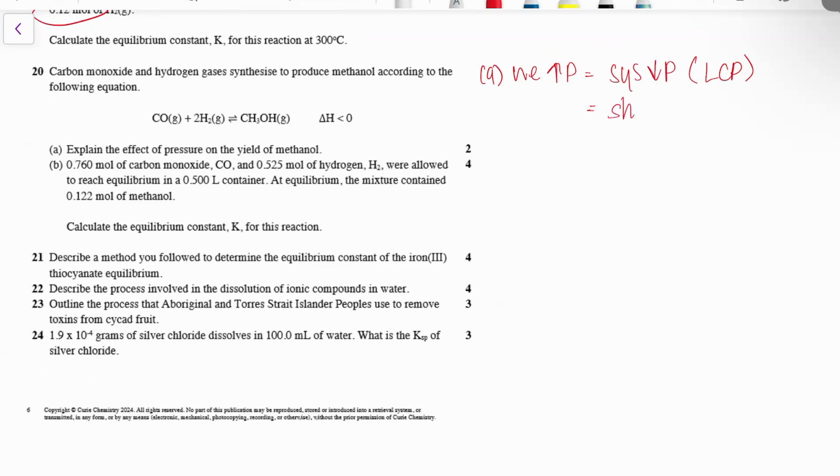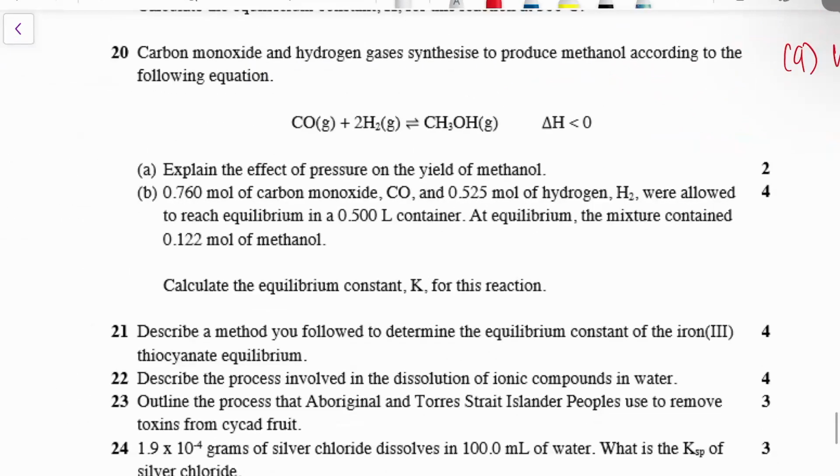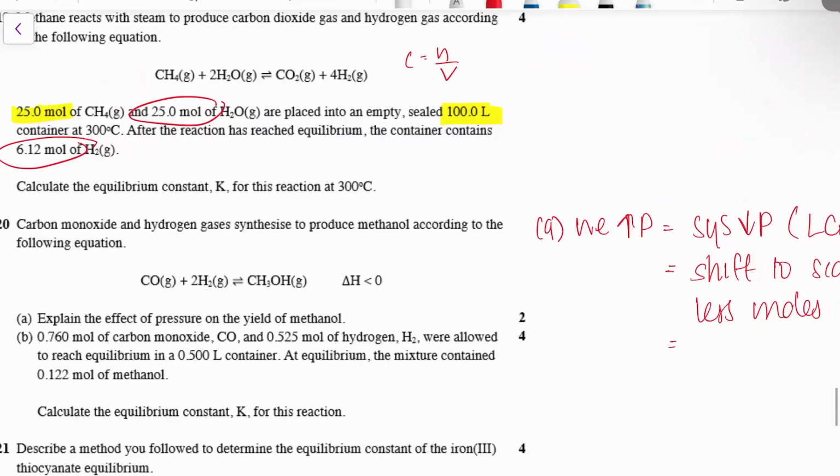It'll shift to the side with less moles, good, less moles of gas. In this particular equation, which side is that going to be? The right-hand side. So therefore shift to the right.